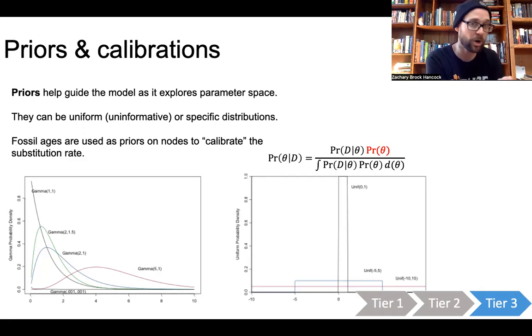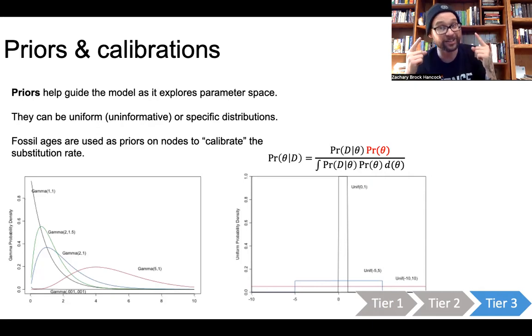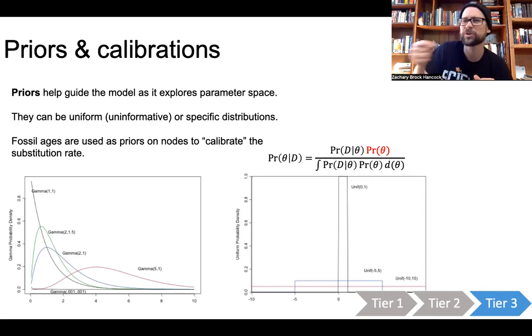So what we don't want our model to be doing is spending a lot of time exploring parameter space that's irrelevant, where we know the rate is not actually that high, or looking at 1 out of 1,000,000,000, where we know the rate is not that low. There's a range in which the rate actually exists, and we want the model to spend most of the time there because we have some prior knowledge of roughly what the rate should be.